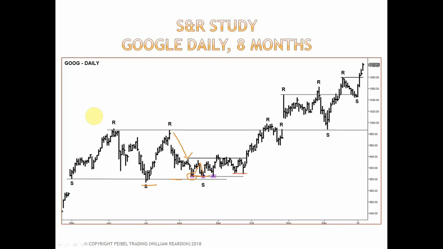And I would also draw resistance from this little swing high. So I put that across there. This little bar here is a mini swing high, and I'll draw that in.